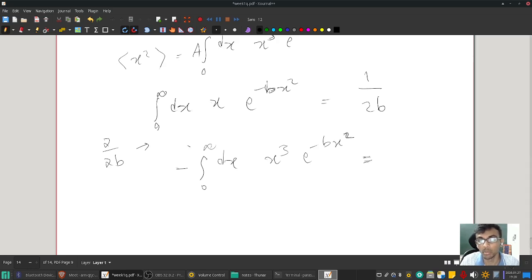This thing is going to be minus 1 over 2b square.